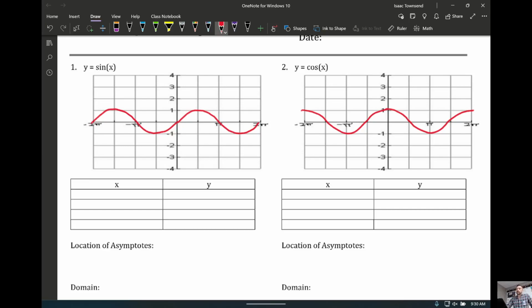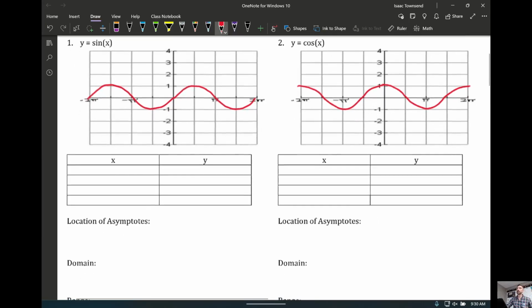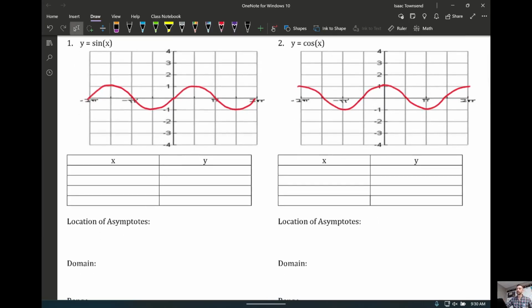Now again, if you forget which one is sine and which one is cosine, which I think is kind of hard to do at this point in the year, remember you could always plug in some unit circle values. Sine of 0 is 0, sine of pi over 2 is 1, sine of pi is 0, sine of 3 pi over 2 is -1.